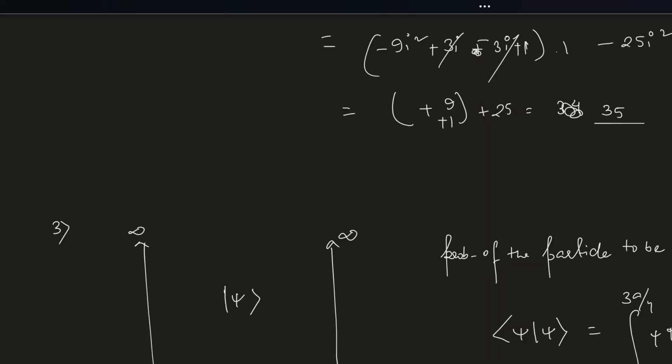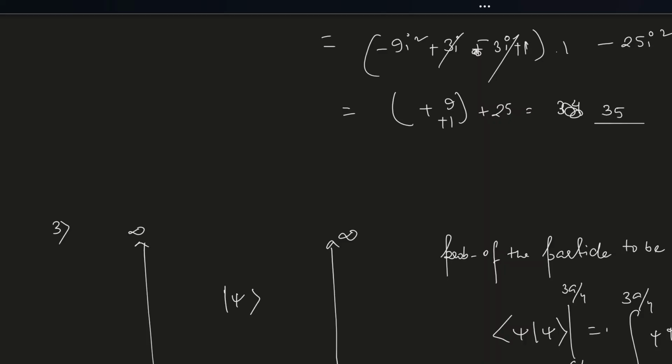Now to normalize psi, this is not the normalization because this is not within the full range. So to normalize you have to take the full range of the wave function, which is from 0 to a.